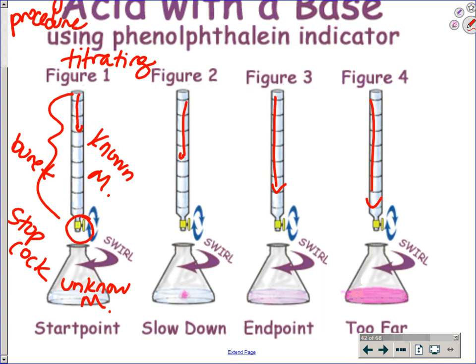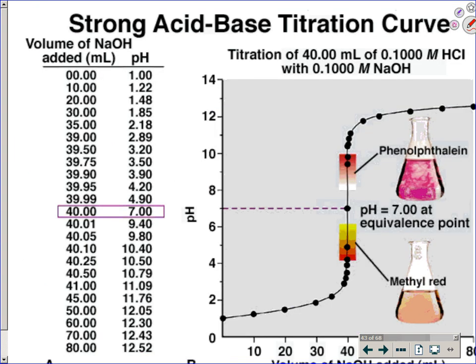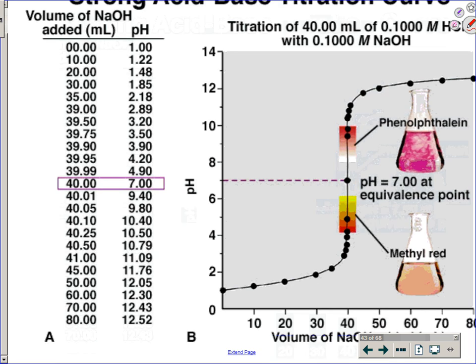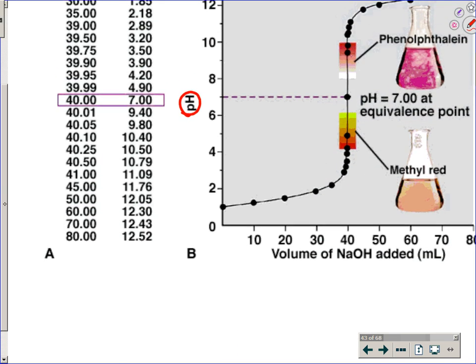Okay, so it's got this fancy glassware. We're going to actually look at the math behind it now. Before I do the math, this is what I want you to graph on your little L graph. What we get is this beautiful graph. It's a big long curve, and it tracks pH versus volume. Does yours say pH on it?